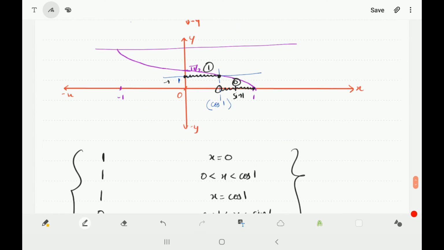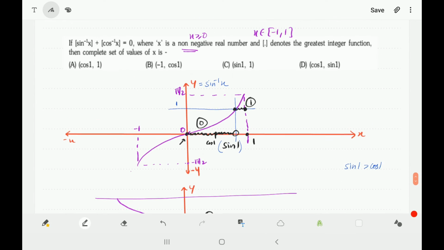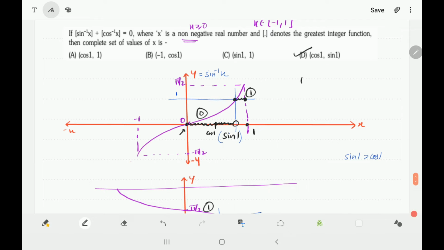So the answer for us will be cos 1 to sin 1, which is option D. I hope it is clear. I have drawn the graph of gent of sin inverse x, then the graph of gent of cos inverse x, then I have added in the intervals, because we know that cos 1 is less than sin 1, and we finally got the solution as the open interval cos 1 to sin 1. I hope it is clear.